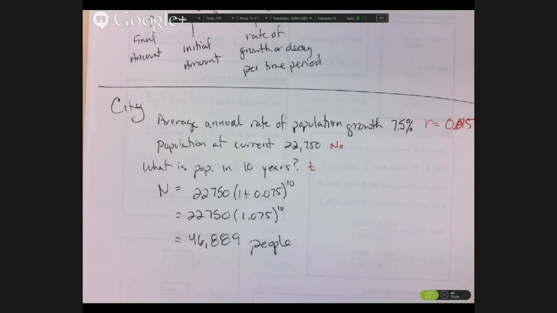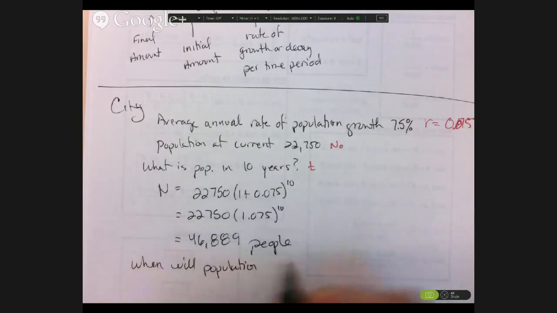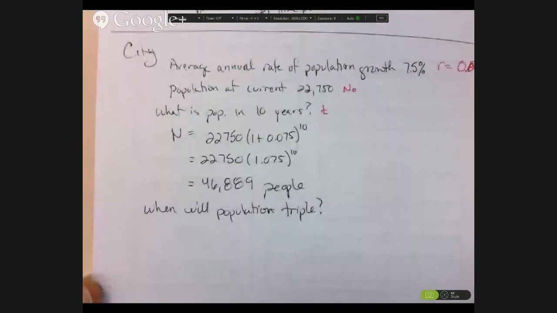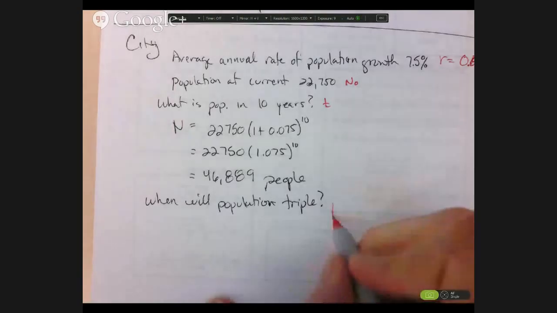Okay. Here's another way we can ask a question. When will the population double or triple? What's our unknown on this one? T, yeah.